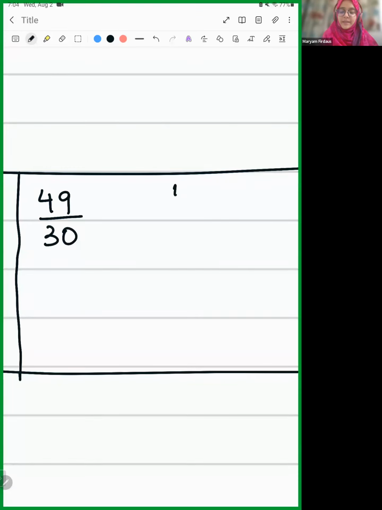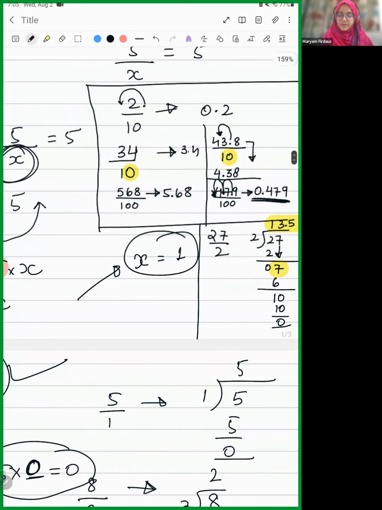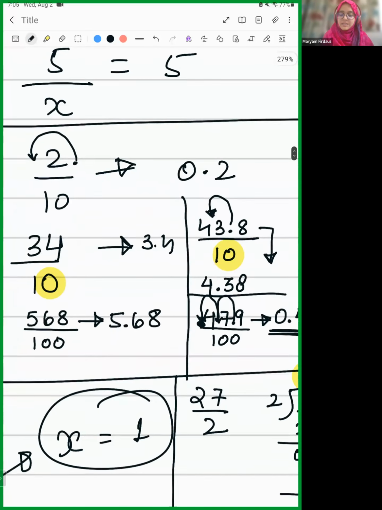Should we do 49 divided by 30, or should we just do 49 divided by 3 and deal with this 10 part later on? We'll add the 0 later. Yeah, we can apply the same rule which we applied over here. But first, let's divide it by 3.